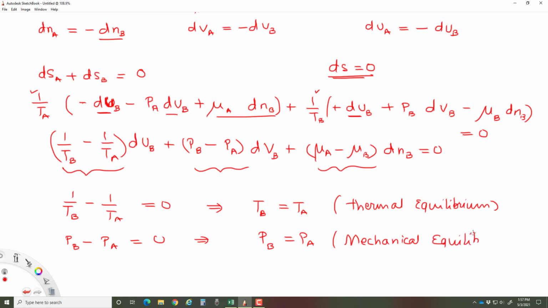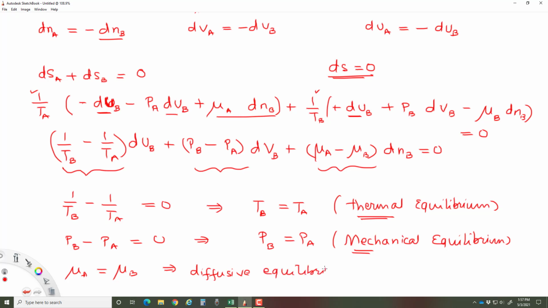And then the third one is mu A equal to mu B, which means that if the system is in equilibrium, there is thermal equilibrium and mechanical equilibrium, and there must also be chemical equilibrium. There must not be any kind of mixing of the substance. They must be staying as it is. There shouldn't be any diffusion or any kind of chemical reaction. Diffusive equilibrium.